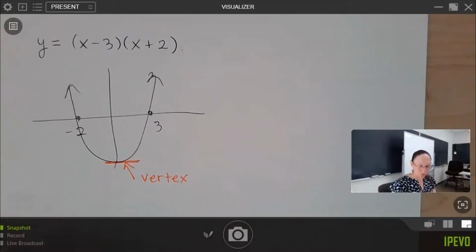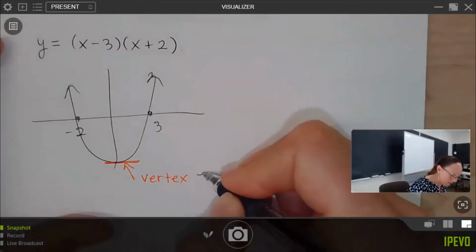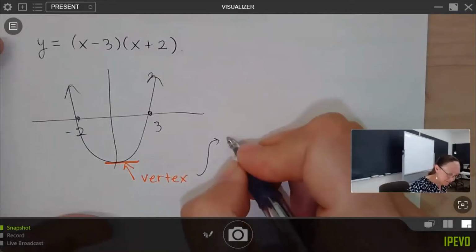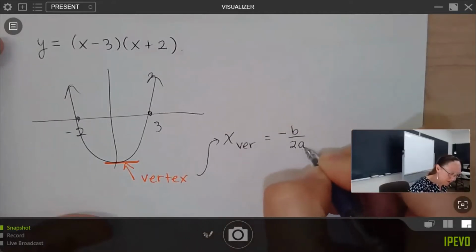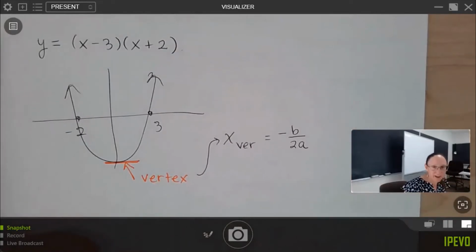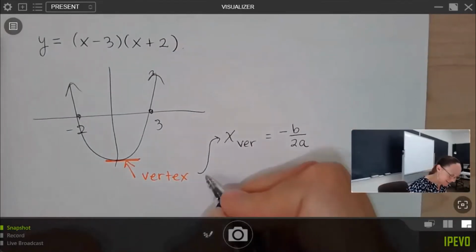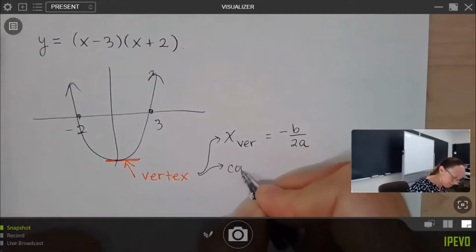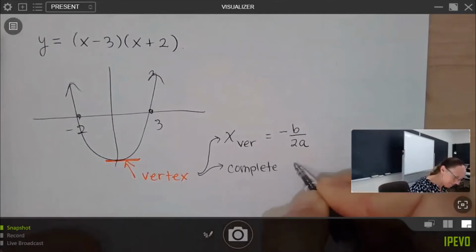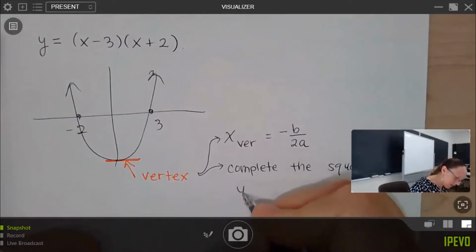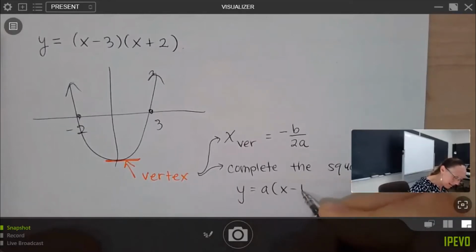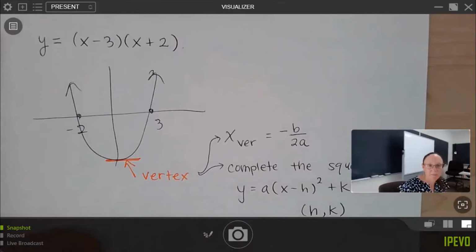I think James showed you yesterday that one method is that our x value for the vertex is negative b over 2a. Another way to find the vertex is to complete the square so that you have the vertex form of the parabola, and our vertex has coordinates (h, k).